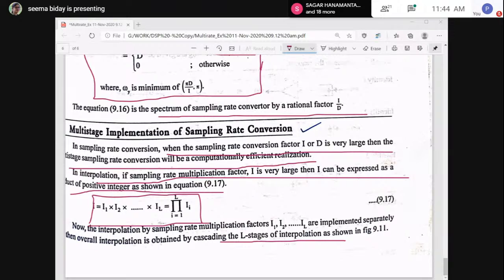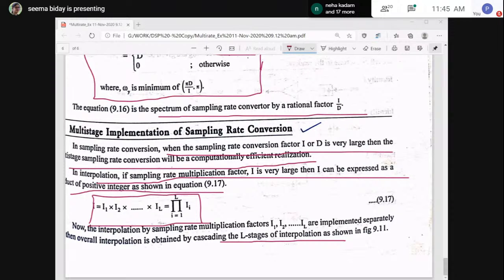Where do we require an anti-aliasing filter, and why? Write down answers, all of you. This is question number 1.